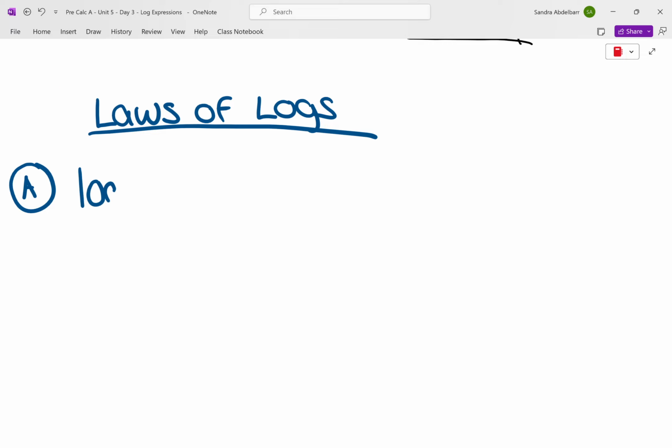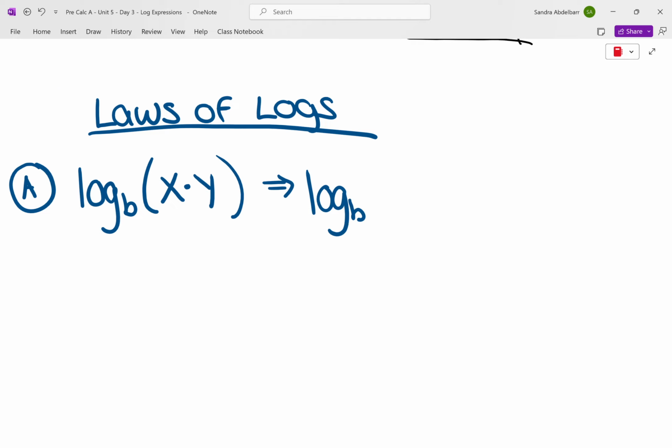First one is, if I have log base b of 2 things being multiplied, x times y, as my argument. So my argument is x times y. This is the equivalent to log base b of x plus log base b of y.